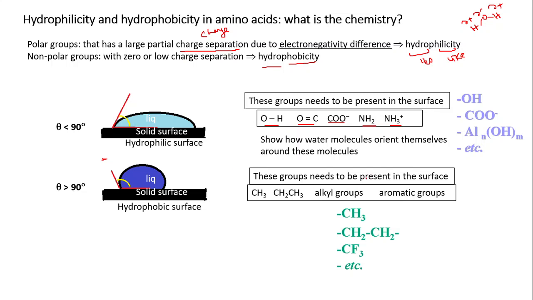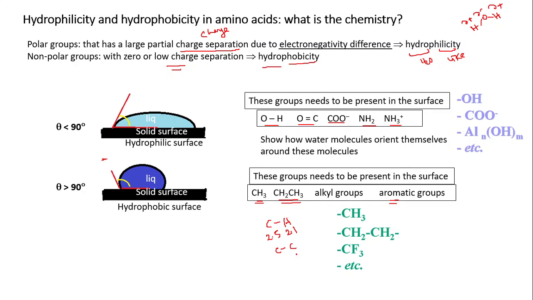The groups that don't do this are those that have no or low charge separation, predominantly aromatic groups and CH2 and CH3 groups, because the electronegativity difference between C and H is quite small, 2.5 and 2.1, so they do not generate a lot of charge.